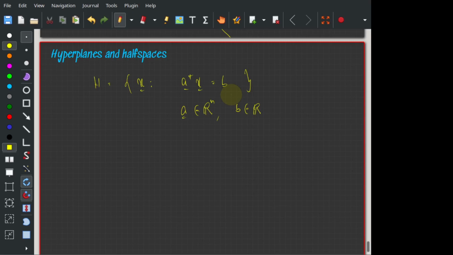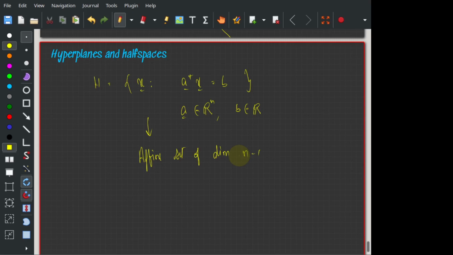So in particular, this is a hyperplane. It's an affine set. What is going to be the dimension of this affine set? It's going to be n minus 1. So this is an affine set of dimension n minus 1.